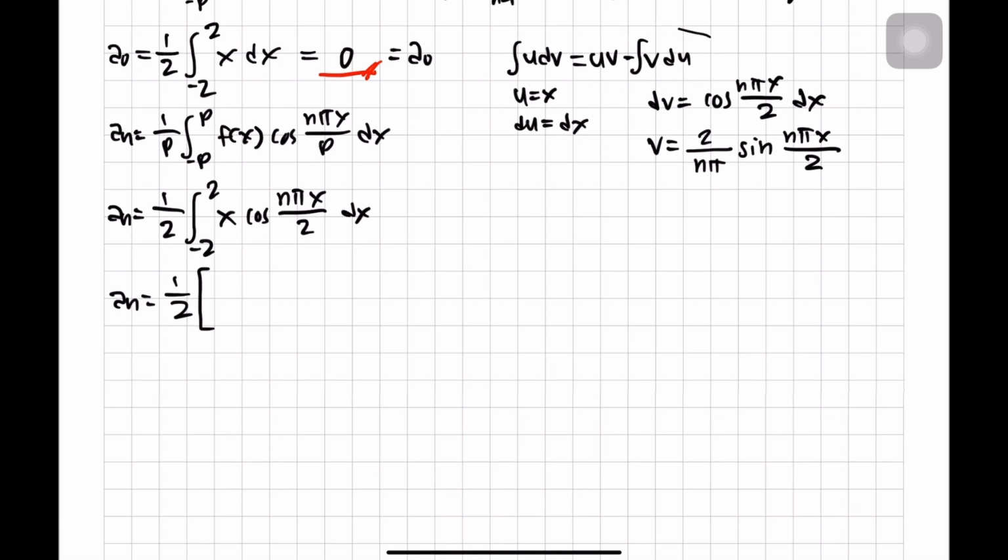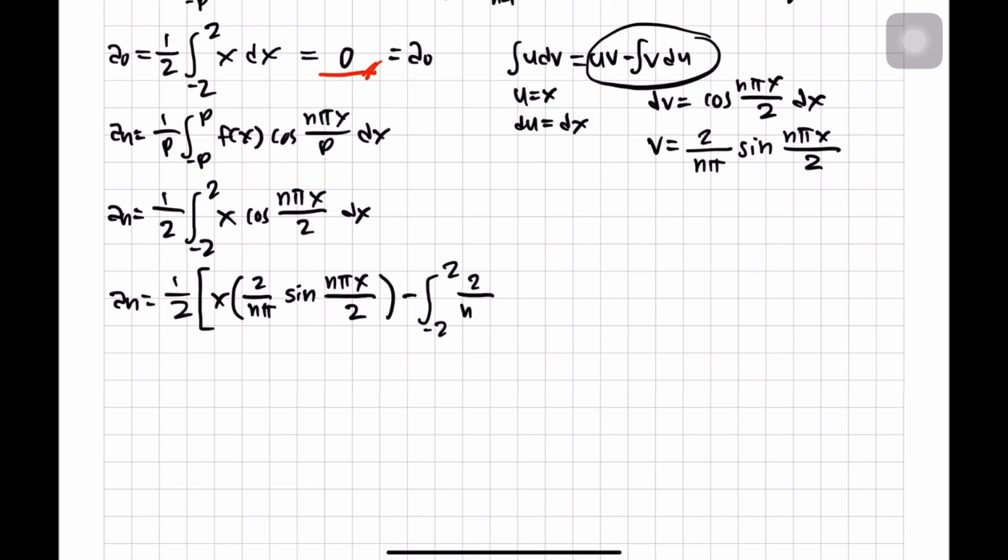Our u is x, our v is 2 over n pi sine n pi x over 2, and then minus the integral from negative 2 to 2 of v, which is 2 over n pi sine n pi x over 2, dx, because we have not yet integrated this part.